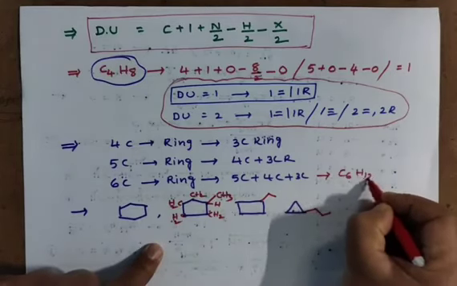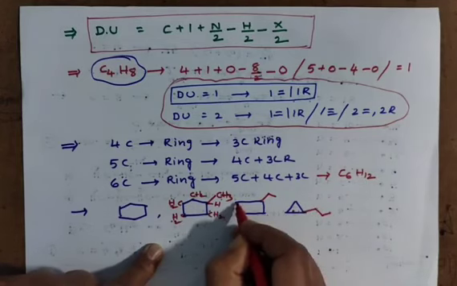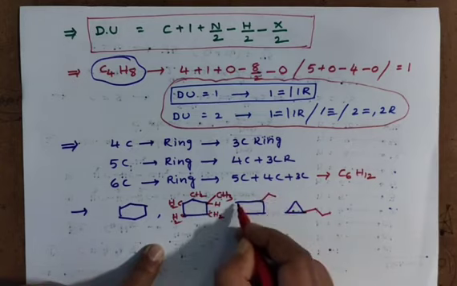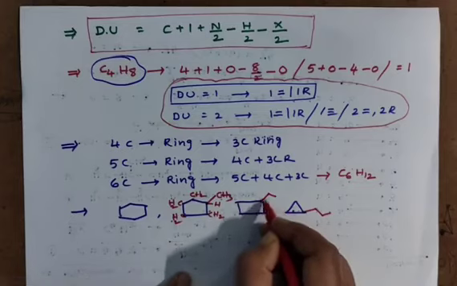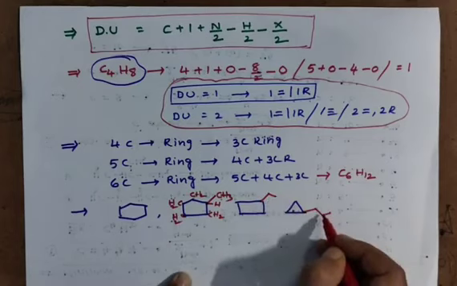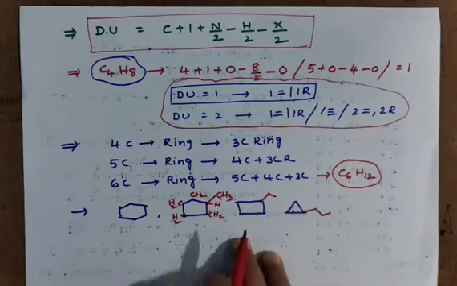C6H12 you are getting. Here CH2, CH2, CH2, 6, here 10, and here you are getting total 12. Same here. So you have to remember this formula and you can cross check.